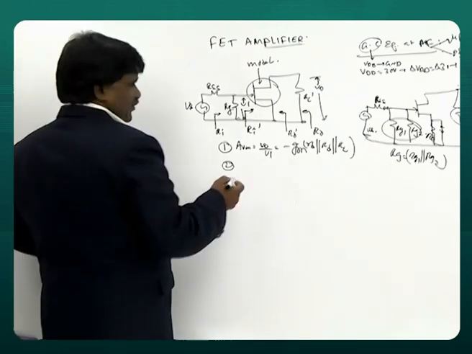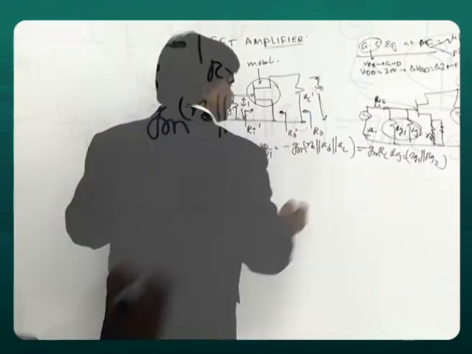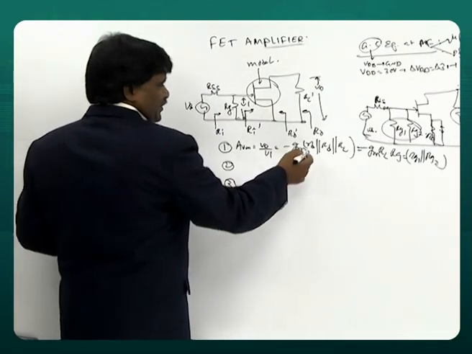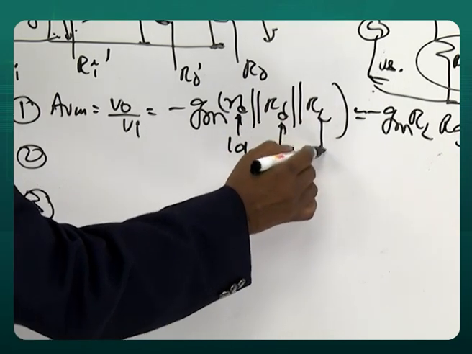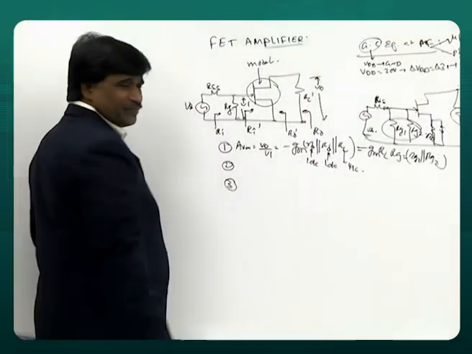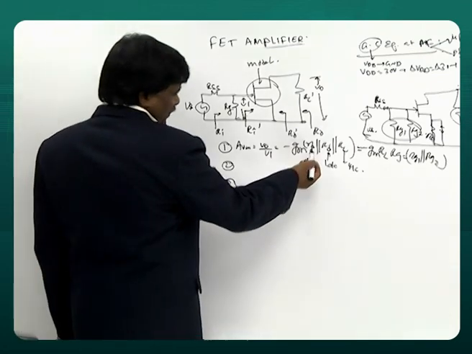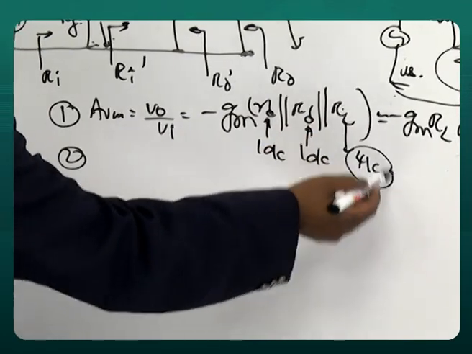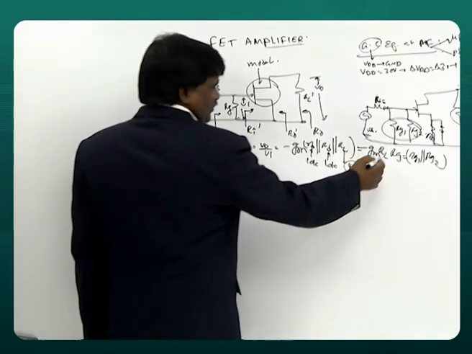That will come. In fact, this is approximately minus gm RL. Why? This is 10 kilo, this is 10 kilo, this is 4 kilo. What do you mean by parallel combination? When you take a parallel combination of many things, the least one comes. That's why I said simply gm RL.